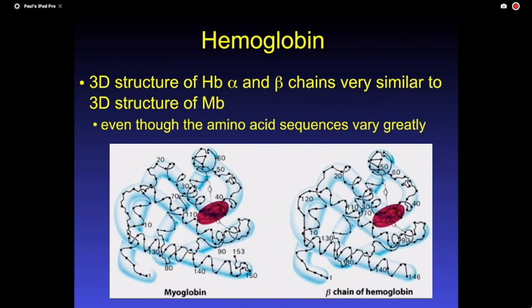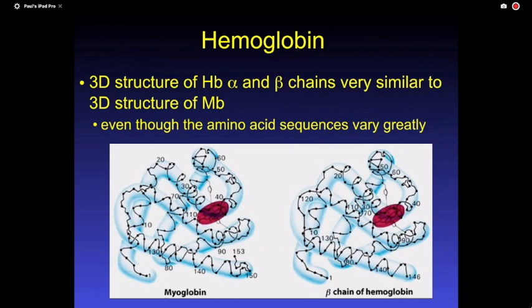Although, here's what we do find. As we look through the variety of all different types of species that have myoglobin and hemoglobin, we can actually start to see diversity in their sequences. And so we can have very, very similar or very, very different amino acid sequences, but here's the deal. They all fold the same.